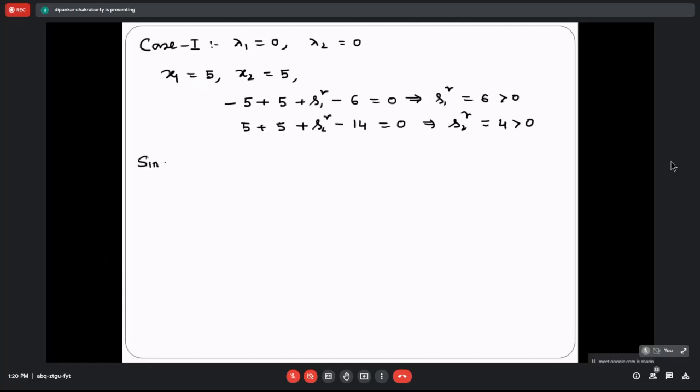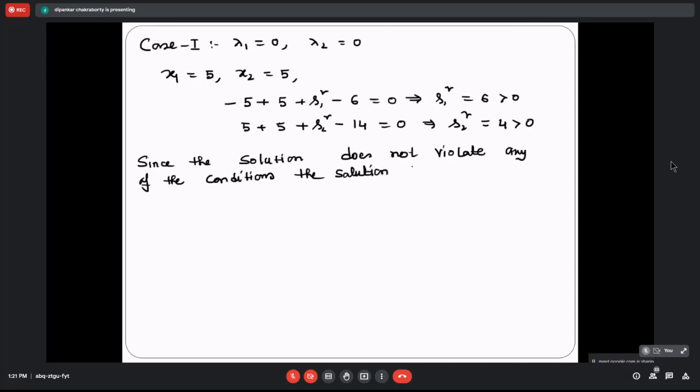Since the solution does not violate any one of the conditions, the solution 5,5, that is your stationary point, gives the maximum of the function f.